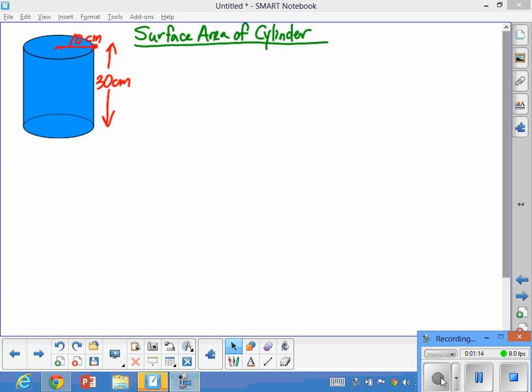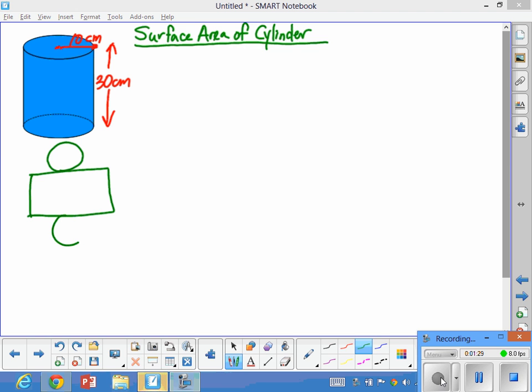Okay, so away we go. We're going to begin with a rectangle because that forms the curved surface. And then we have a top and a bottom circle, like so. Okay, and there's our net.